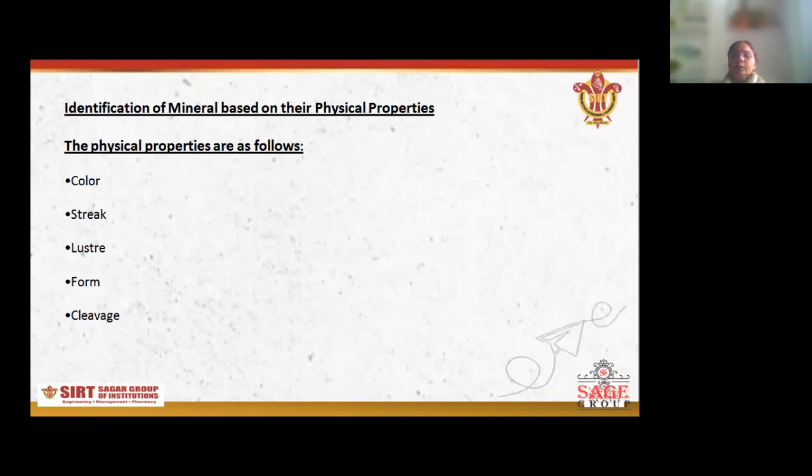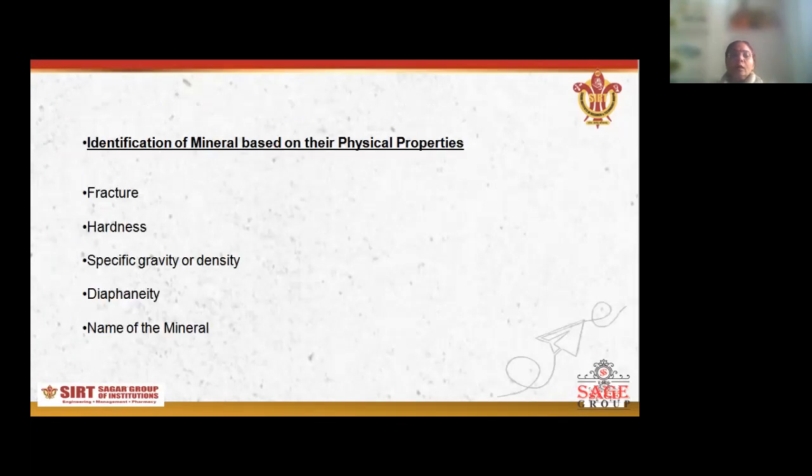Now we are going to discuss the remaining properties like fracture, hardness, specific gravity, diaphaneity, and the last one is identifying the mineral's name.